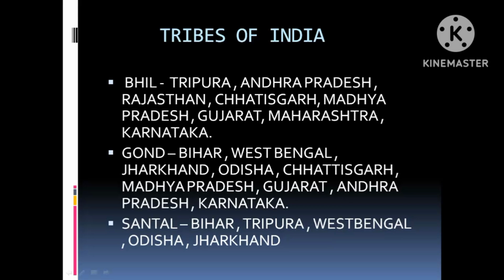There are various tribal groups like the Bhil. The Bhil tribal group is found in states like Tripura, Andhra Pradesh, Rajasthan, Chhattisgarh, Madhya Pradesh, Gujarat, Maharashtra, and Karnataka.